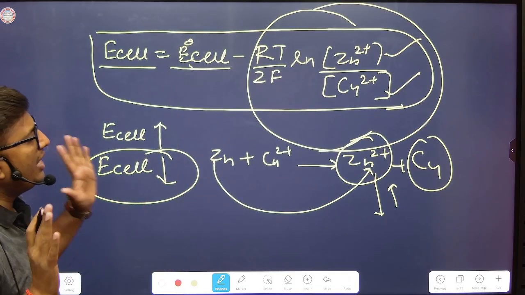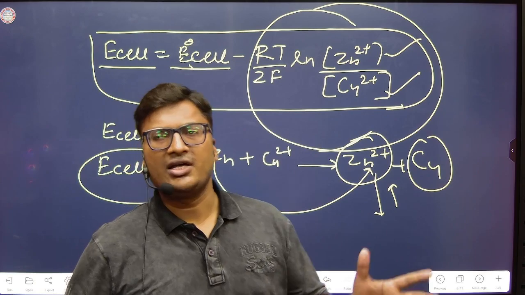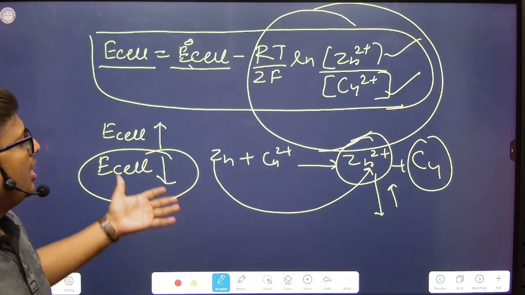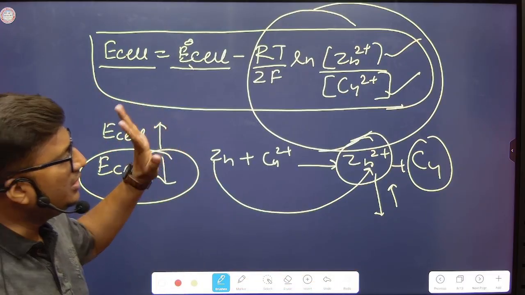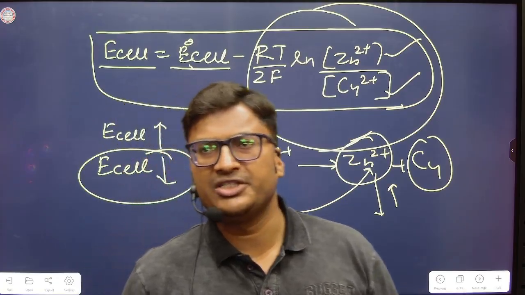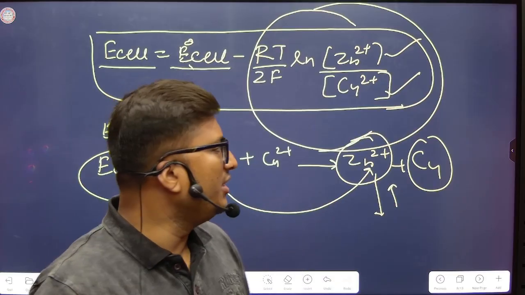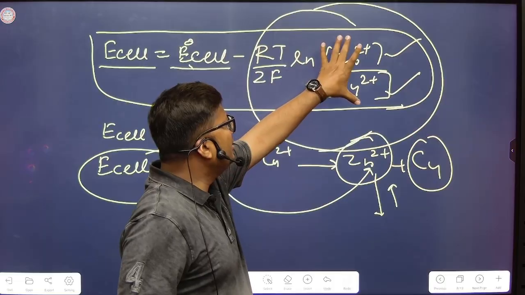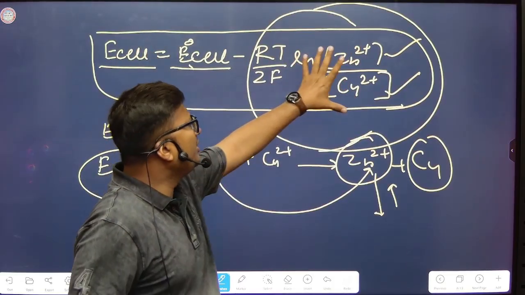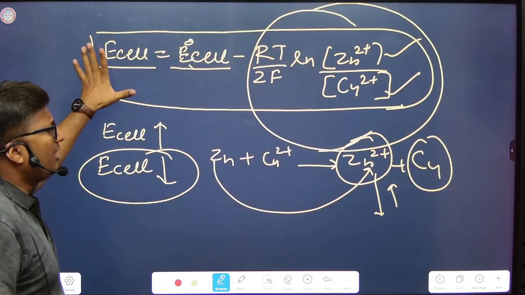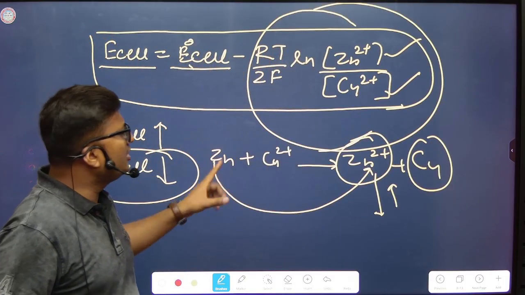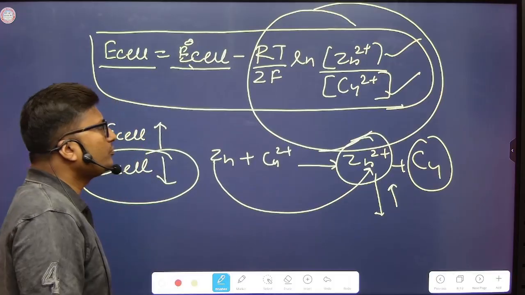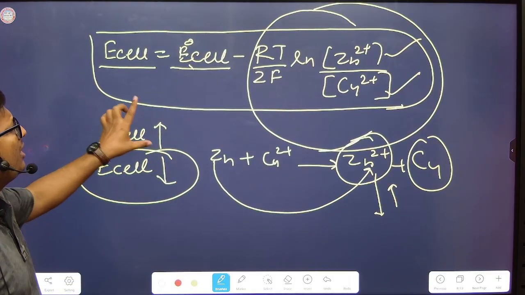So after passage of time, the concentration of zinc 2+ increases and the concentration of copper 2+ decreases because of the precipitation of copper as copper solid. So by putting the concentrations of these two ions in this Nernst equation, we can solve for the resultant cell potential arising from the combination of these two metals, zinc and copper. Now what happens?